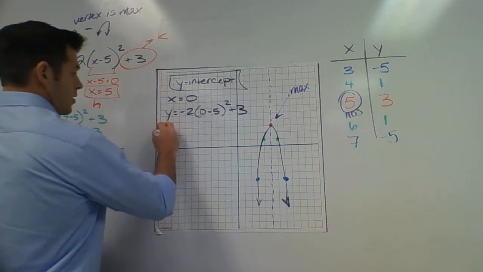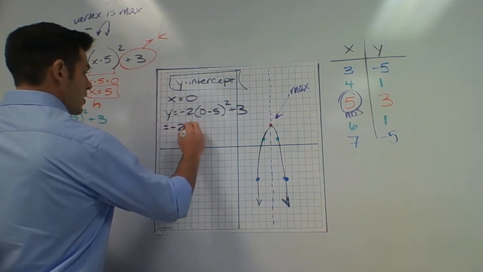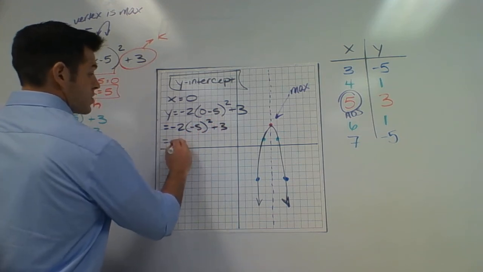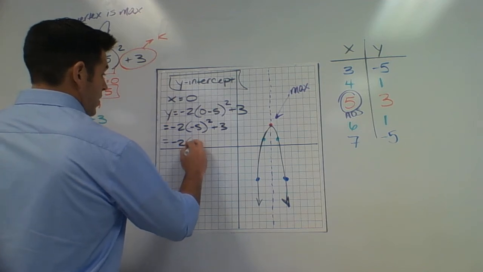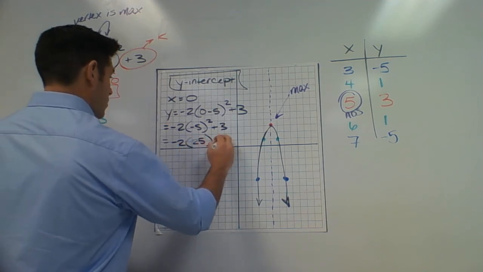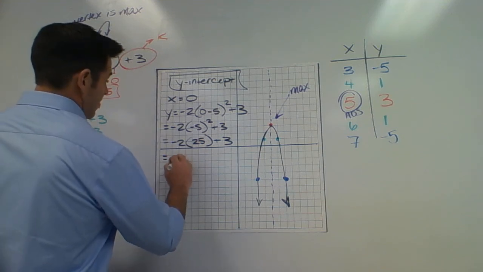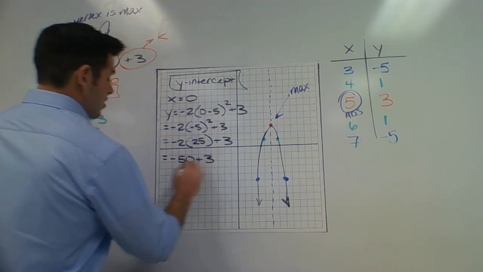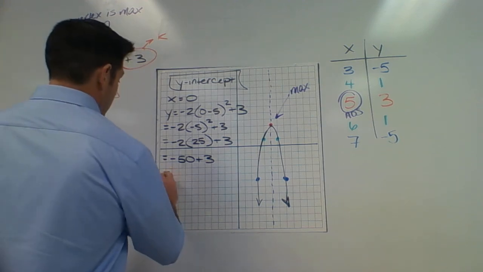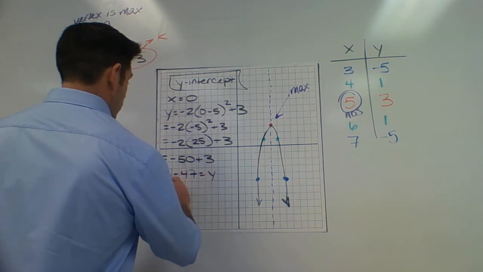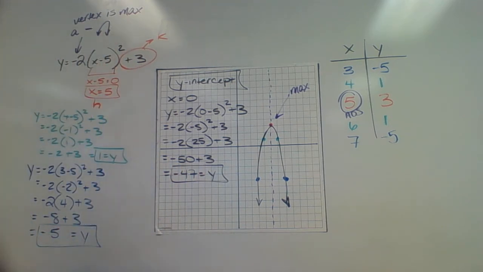Do some math work here. -5 is going to get squared eventually. -5 squared is +25. -2 times 25 is -50. And then I would have to add the 3 at the end. And I do my math work and I get that y is equal to negative 47.